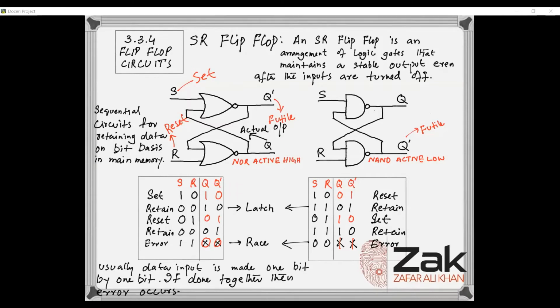Now, as you can see, there are two constraints with these SR flip-flop circuits to retain the data. Number one, you cannot change both bits together. If you change, there is an error. Number two, these circuits present an error.